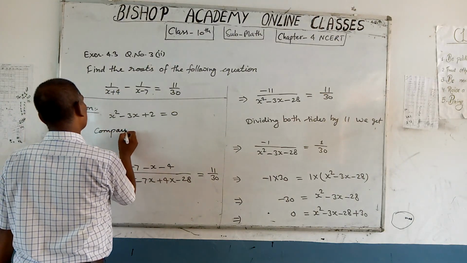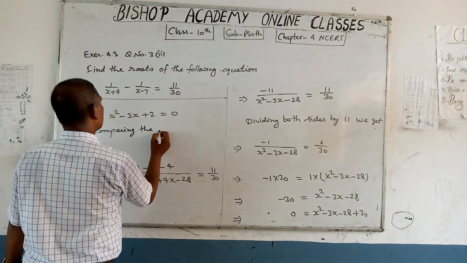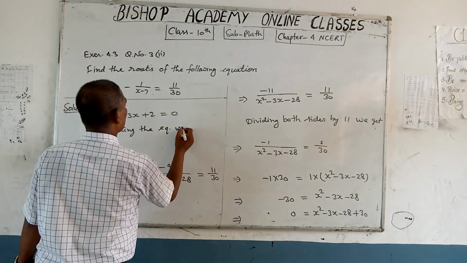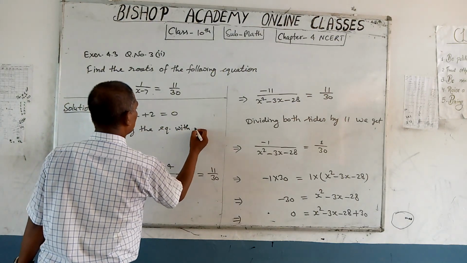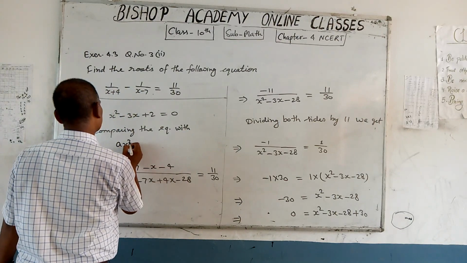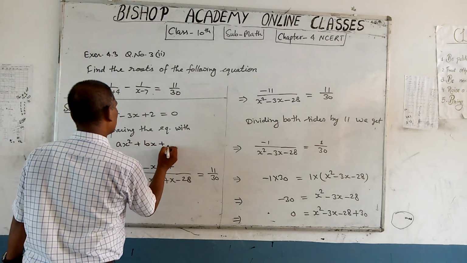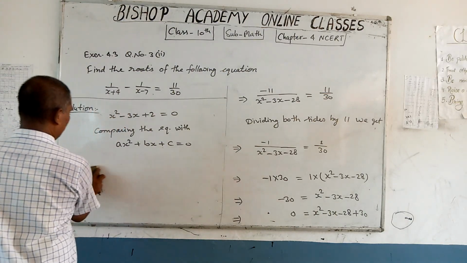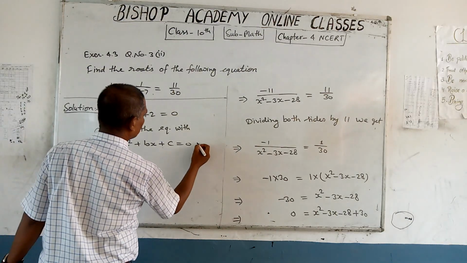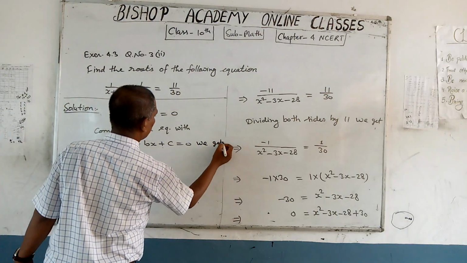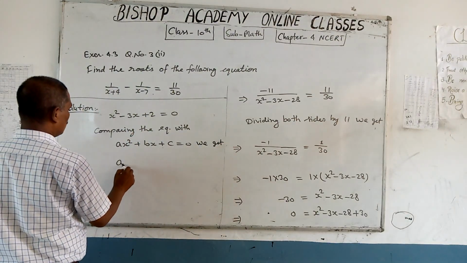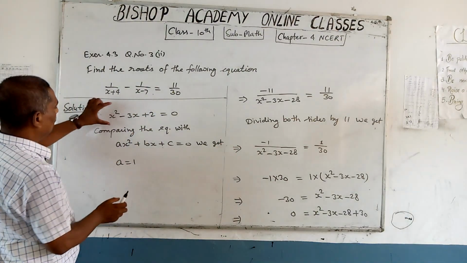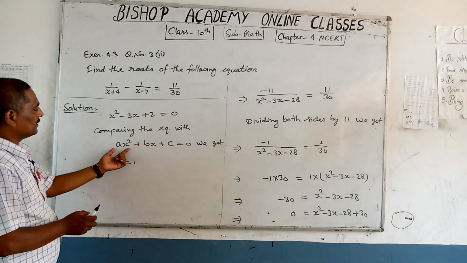Comparing the equation with ax square plus bx plus c is equal to 0, we get a is equal to 1. You can compare x square with ax square.